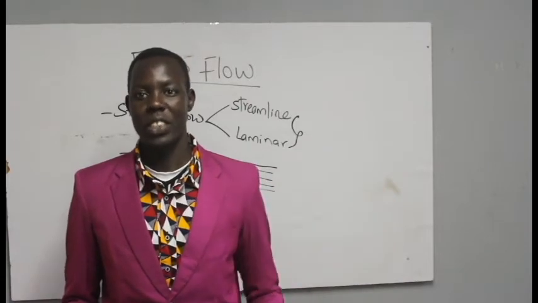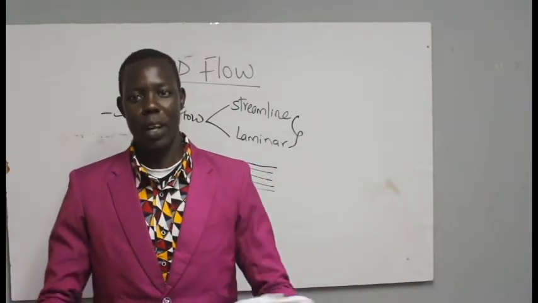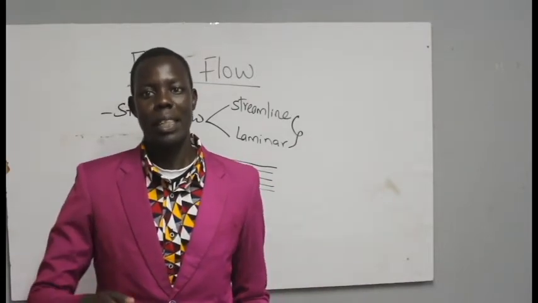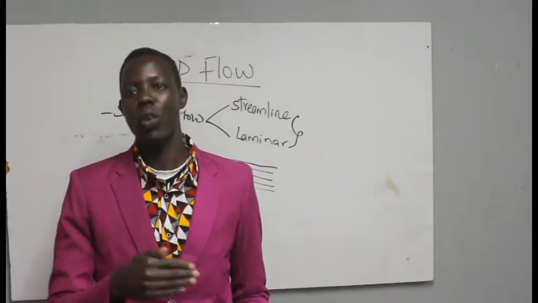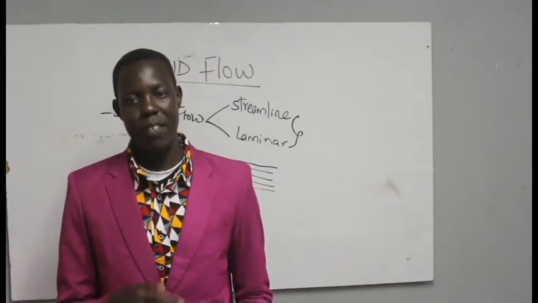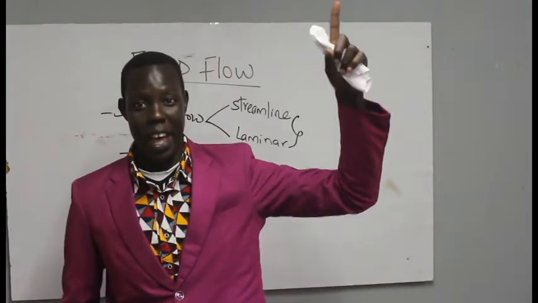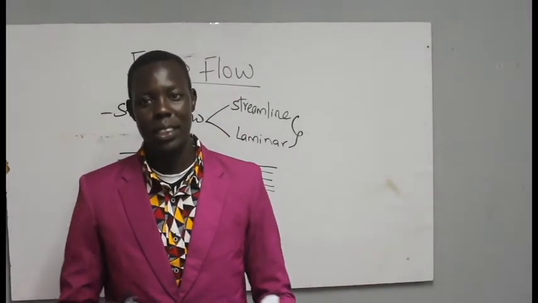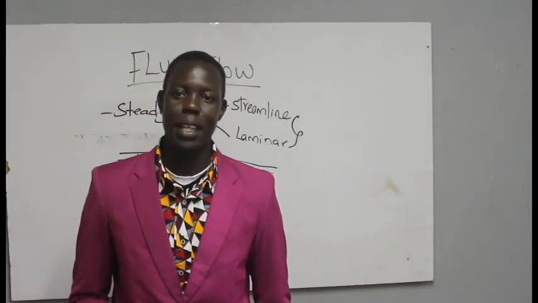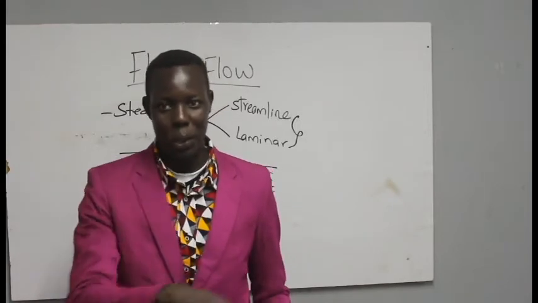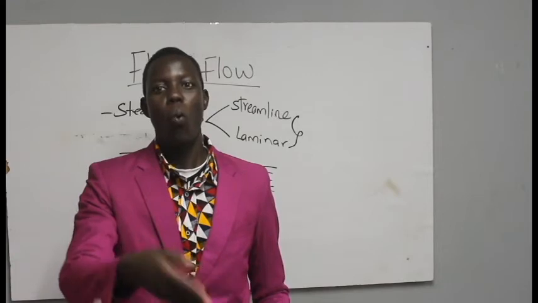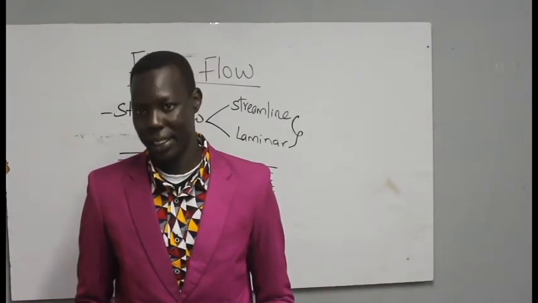A lot of energy, a lot of force, will be required for a body that is not streamlined to move through a fluid. Even the sea creatures and parts of the air, their bodies are streamlined, simply because as they are moving through the fluid, they cause streamlined flow, which requires less energy.